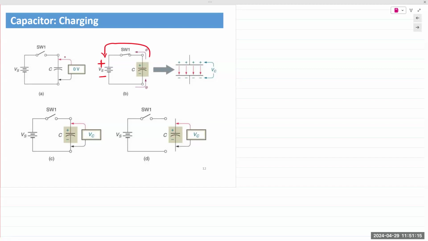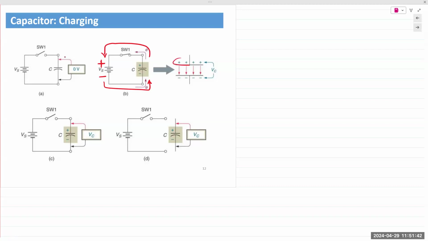The same but opposite effect occurs at the negative end of the battery, where the electrons are repelled. Opposite charges attract, like charges repel. So the negative terminal of the battery drives the electrons towards the bottom plate. So negative charge is built up on the bottom plate.